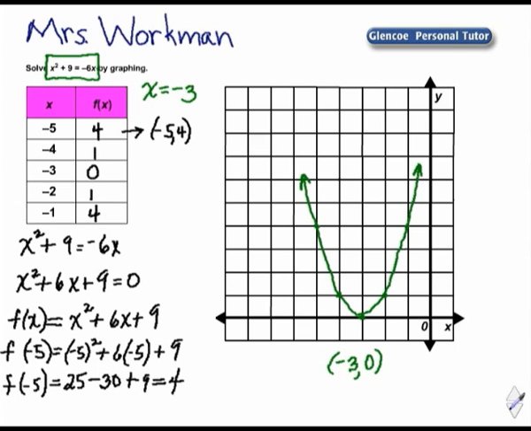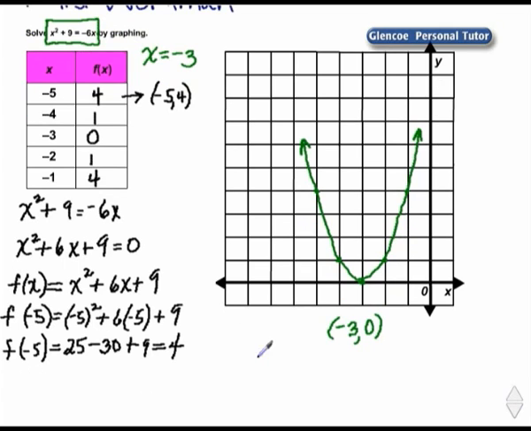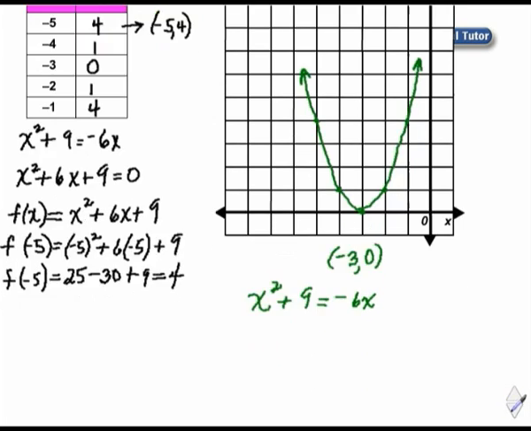Now if we want, just to feel a little bit more comfortable, let's put the original equation, x squared plus 9 equals negative 6x, right here. And we believe that x equals negative 3 is a solution. So let's see if that value of x satisfies the given quadratic equation.